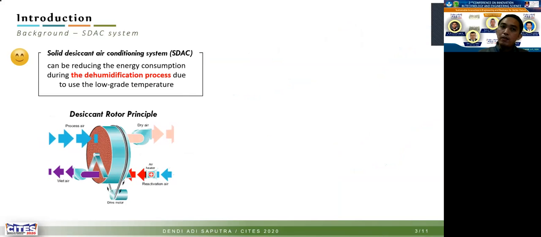Based on this fact, we propose the solid desiccant air conditioning system as one alternative to substitute the air conditioning system using vapor compression. In this figure, the processed air enters the rotor.